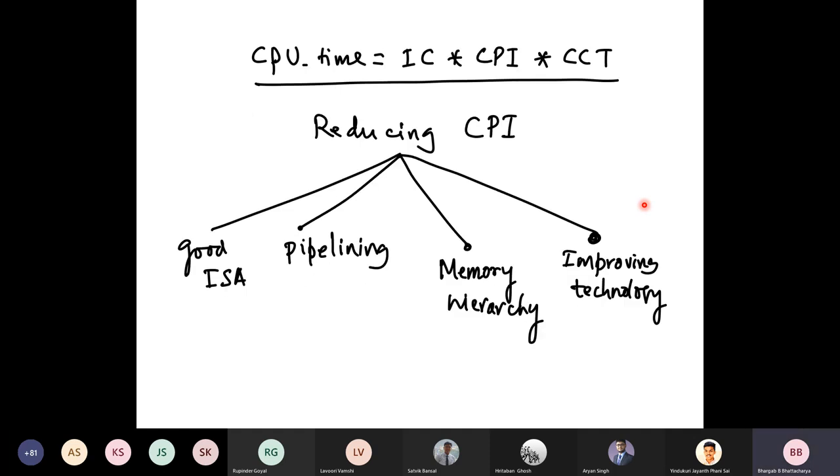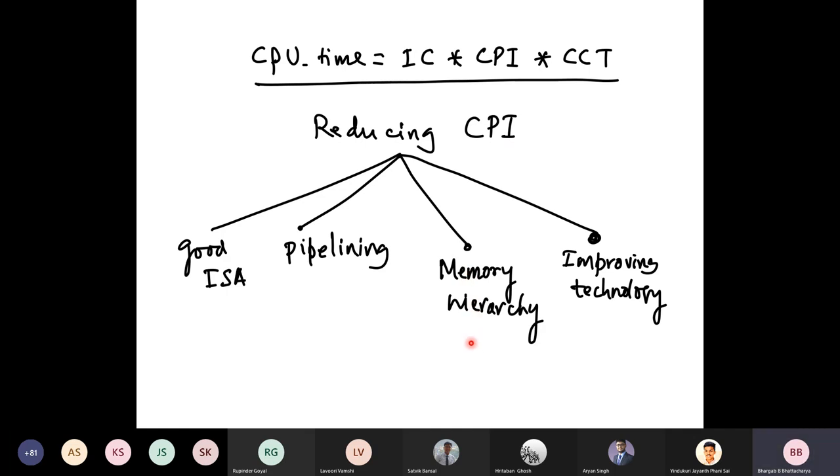What are the parameters which define CPI? Clock cycles per instruction, the number of clock cycles per instruction. Since we are taking the average, it obviously would depend on your entire collection of instruction set, isn't it? And later on we will discuss pipelining to speed up the system, and this pipelining essentially reduces the value of CPI. Memory hierarchy. See, the memory transaction is slow.